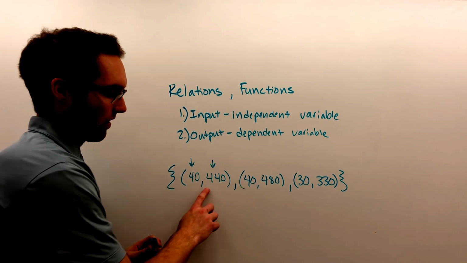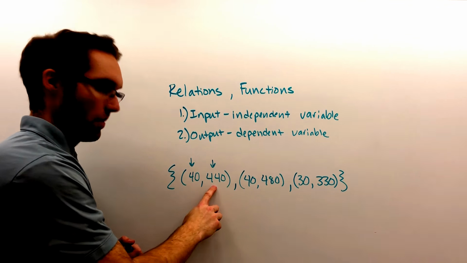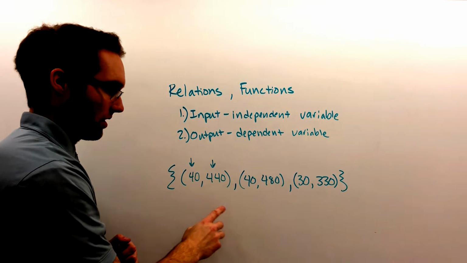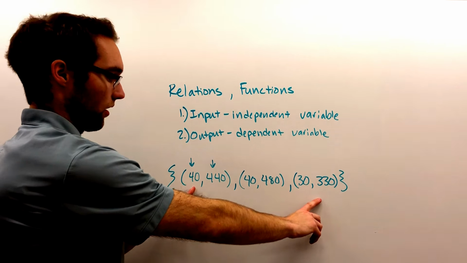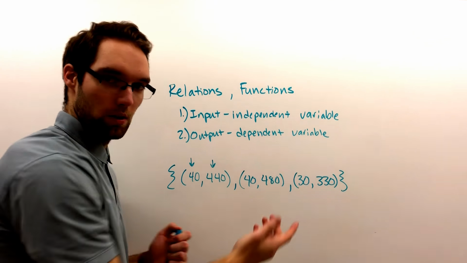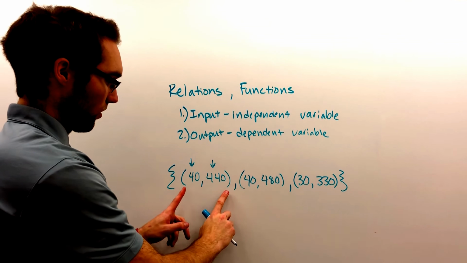And then the amount of money that you make, your output, or your dependent variable, is called that because the amount of money you make is dependent on how many hours you work. So just like we said, this person and this person both make the same amount of money per hour. We said $11 per hour, but the person who works 40 hours makes more money because they worked more hours, which makes sense. So this is how we denote a relation.